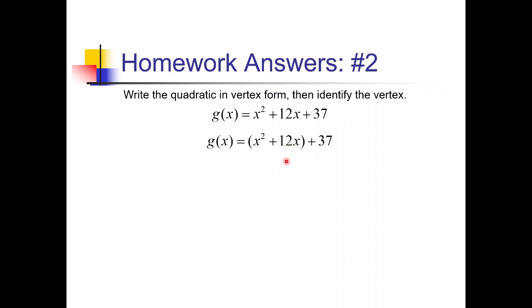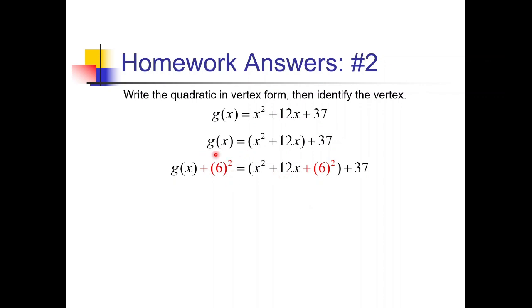What I am going to do is inside this parentheses, I am going to add whatever completes the square for this thing. So taking half of my b value, half of 12, that gives me 6. I'm going to square 6 and add that in here and also on the left side. Gets a plus 6 squared.